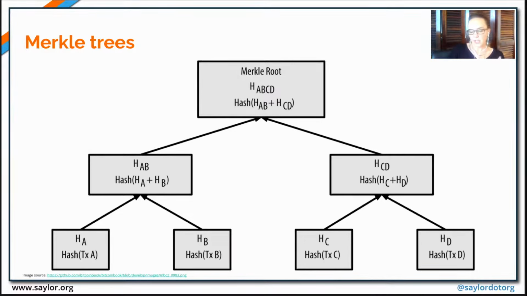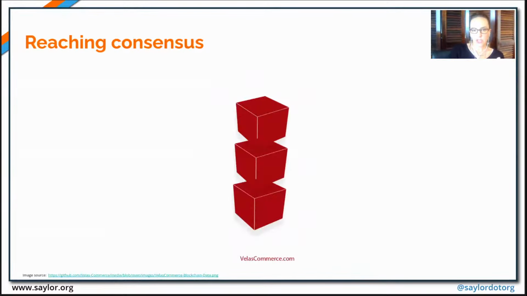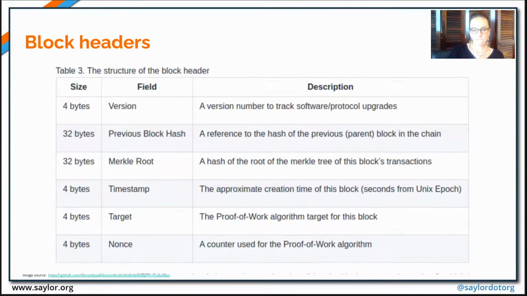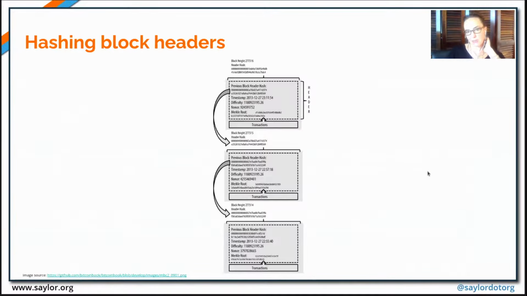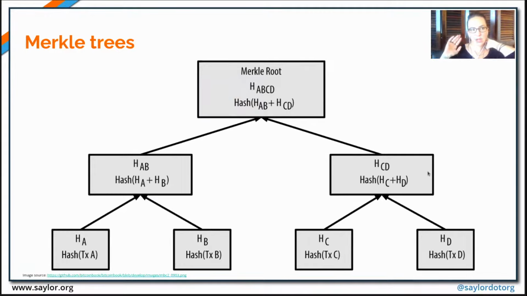So let's talk about the data structure, but also remember that in this block header, all of the transactions that are in that block aren't included in the header. What is included is the Merkle root, which is a hash of the root of the Merkle tree of this block's transactions. Essentially, all of the transactions included in a block are hashed in this particular fashion to come up with one hash at the end, which then gets included in that block header.